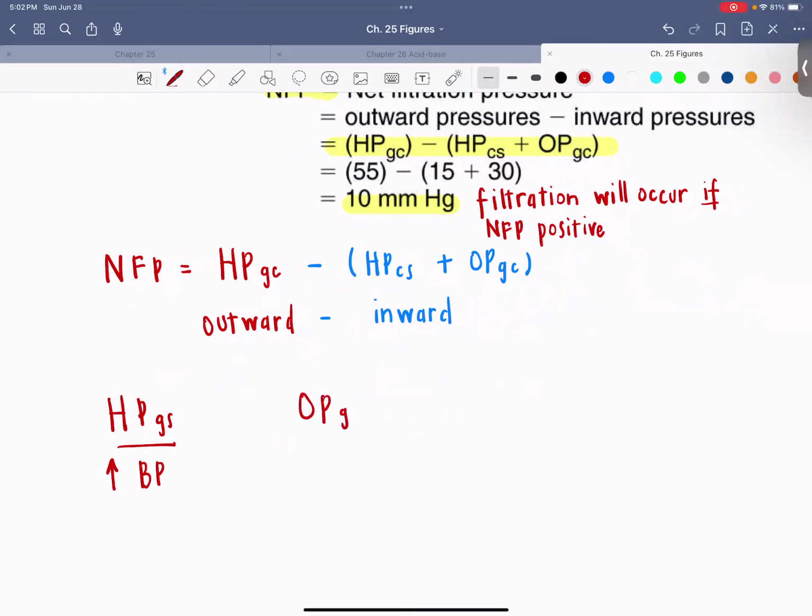The osmotic pressure of the glomerular capsule can be affected by high levels of protein. The hydrostatic pressure of the capsular space can be affected if there are kidney stones present.